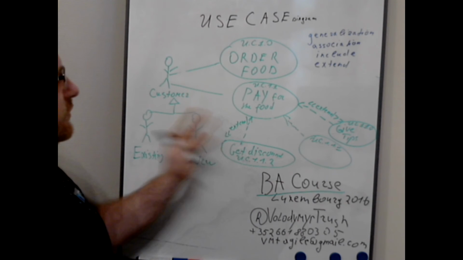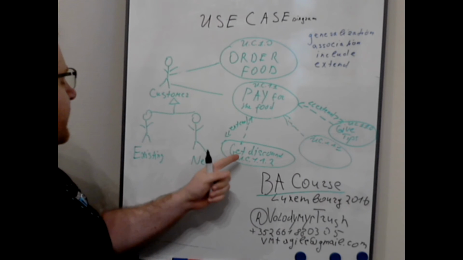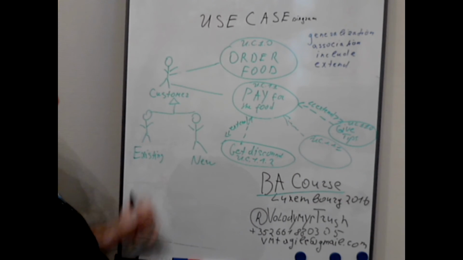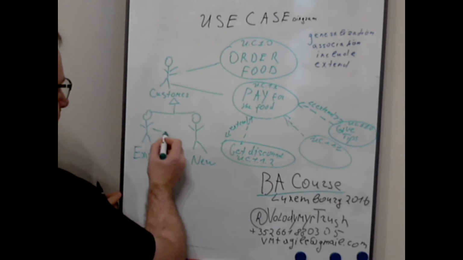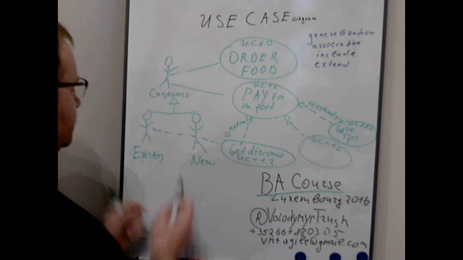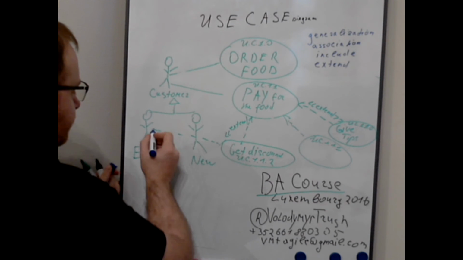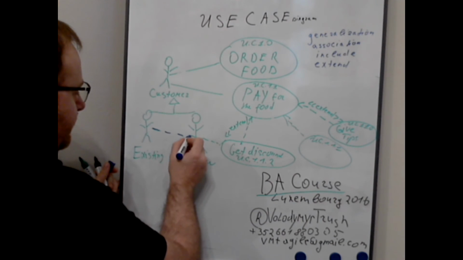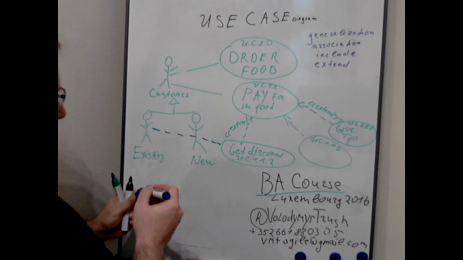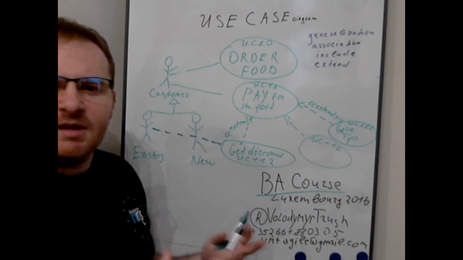To show visually that get discount is only applicable for existing members, we can use a dash line, or I really recommend using another color, for example, that one. Then our diagram can be really easy to read, to check, and to change if needed.